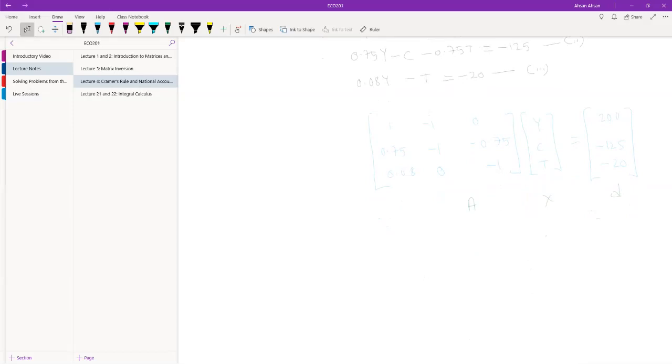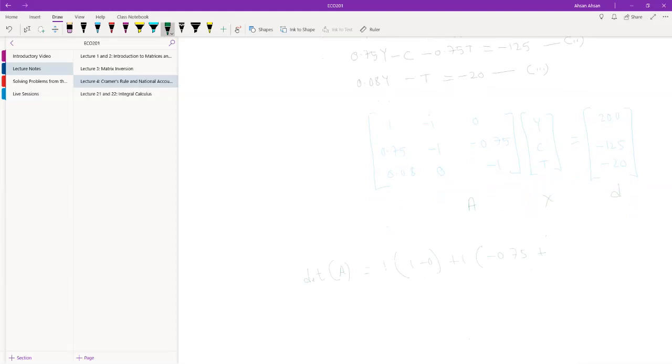Now we're going to calculate the determinant of A, which is 1 times 1 minus 0, plus 1 times minus 0.75, plus, okay, I'm going to use my calculator for this.